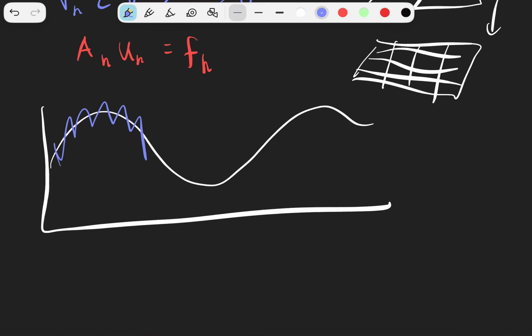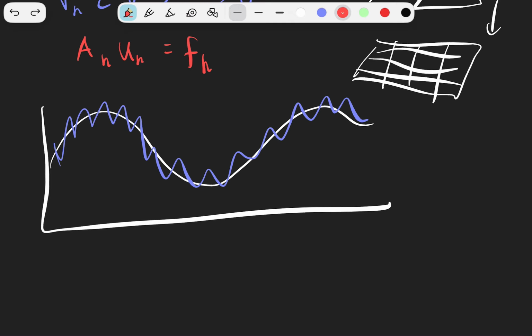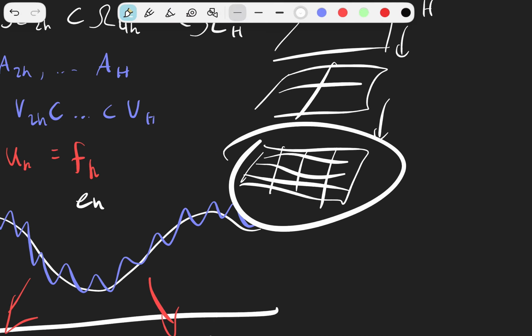And here it would be kind of noisy. And it's a superposition of both the low frequency waves and the more high frequency noise that looks like that, okay? And that's essentially what we would call the error at the really fine grid here.